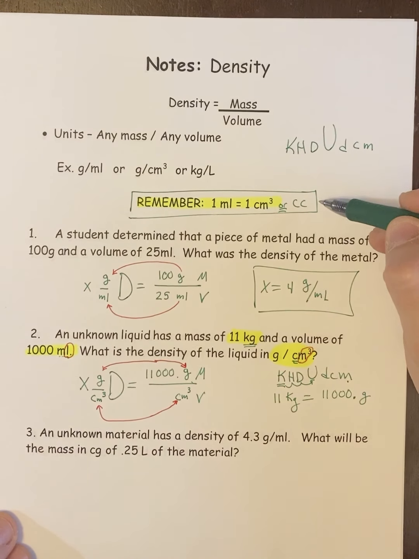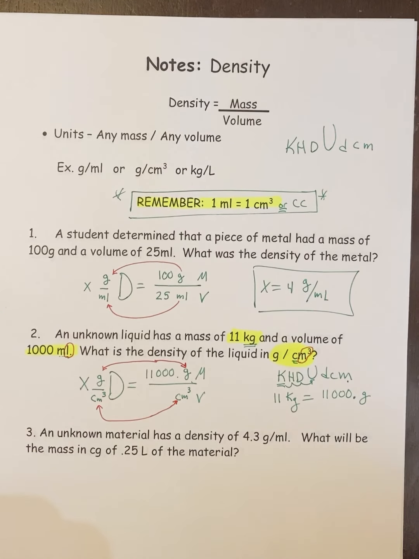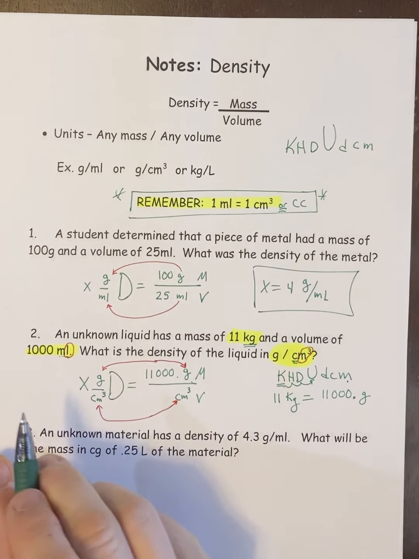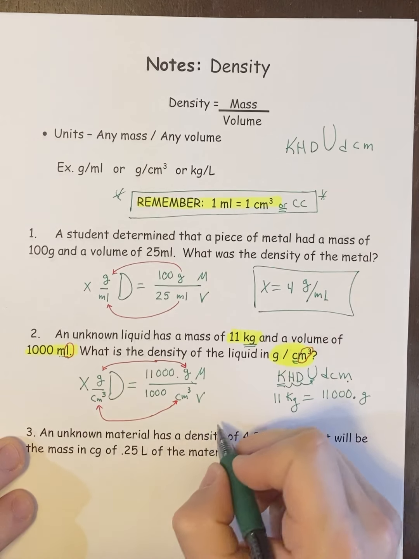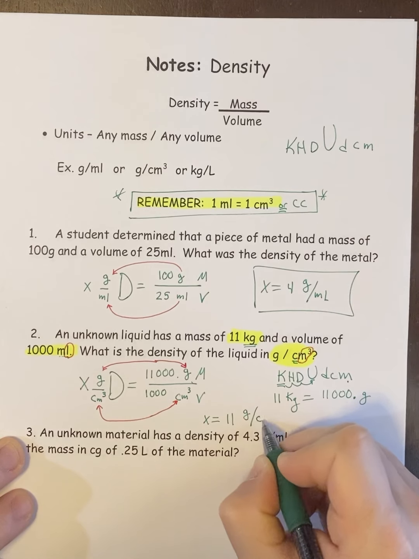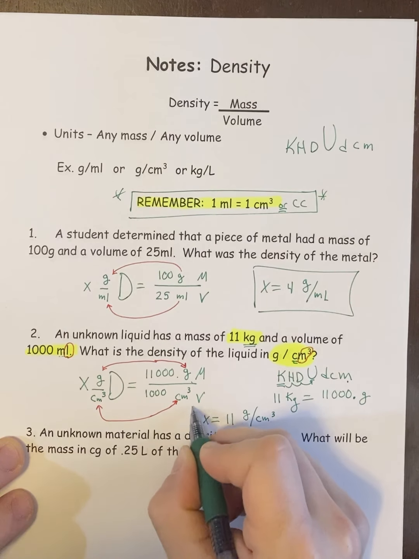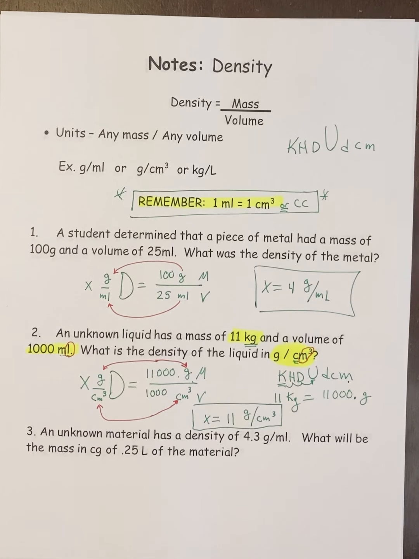That's where this memorization bit comes in. You have to remember that a milliliter and a cubic centimeter are actually the same thing. So 1,000 milliliters is 1,000 cubic centimeters. I do my division, and I'll end up with x equals 11 grams per cubic centimeter. And that's the final answer.